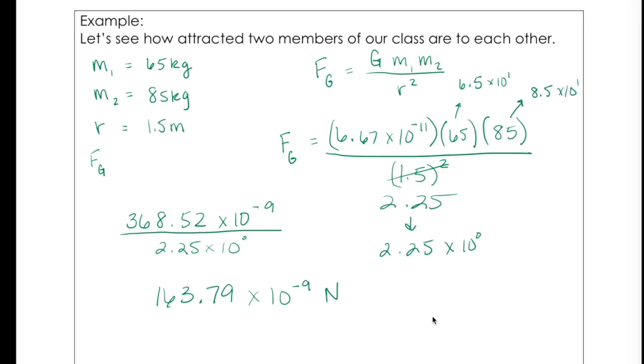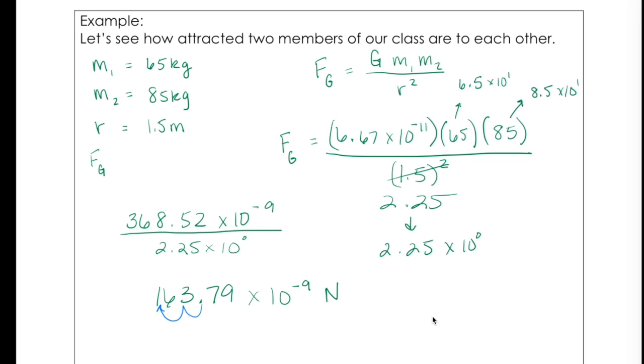Okay, but to be more correct and to be in scientific notation, it's not in proper scientific notation right now because the first number is bigger than 10, and it has to be between 1 and 10, basically. So if I move my decimal place over, I'm moving it 2 spots, so I'm going to add 2 to my base 10 number.